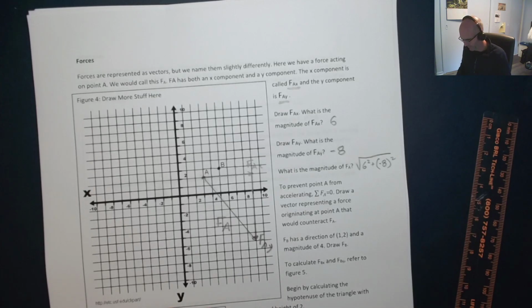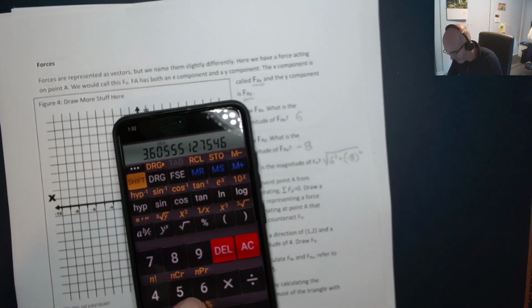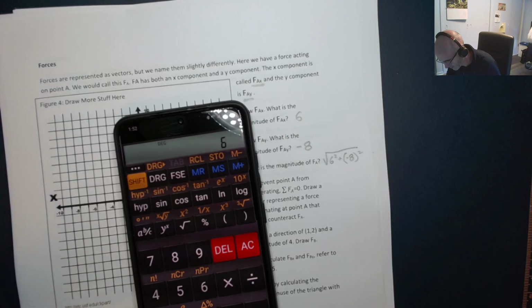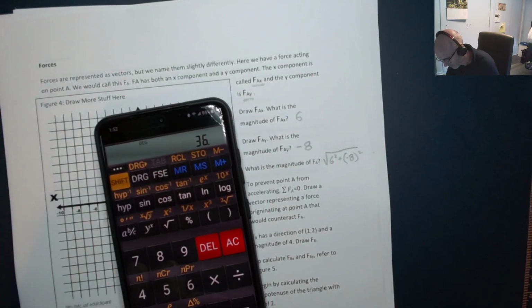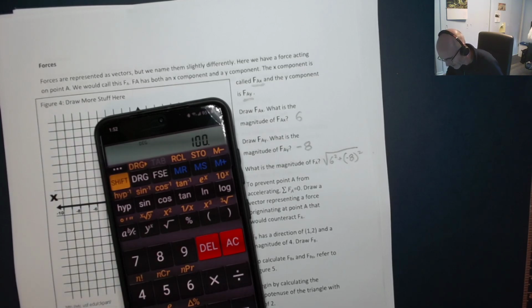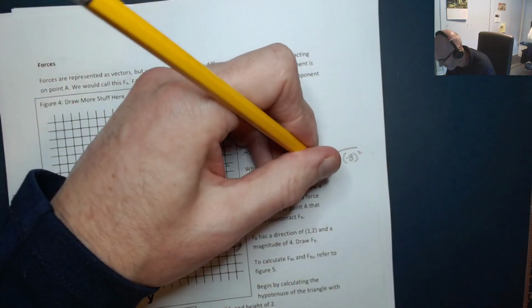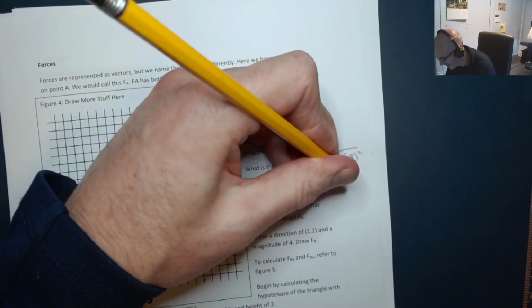Let's see, if I punch that in, 6 squared plus 8 plus-minus, not that it really matters, equals 100, and we take our square root of that, and it comes out equal to 10. Yes, I know there's some shortcuts. Okay, so the magnitude of FA comes out to equal 10.